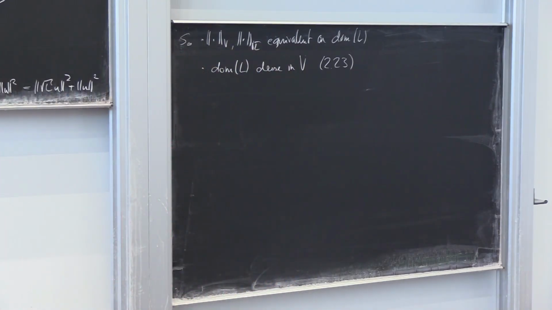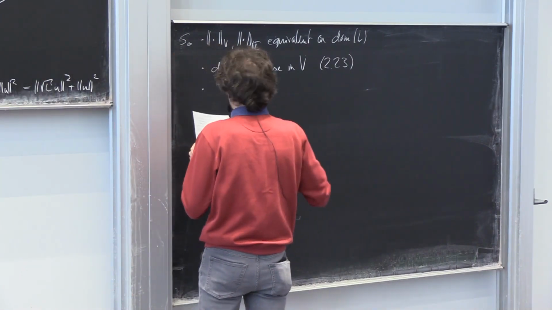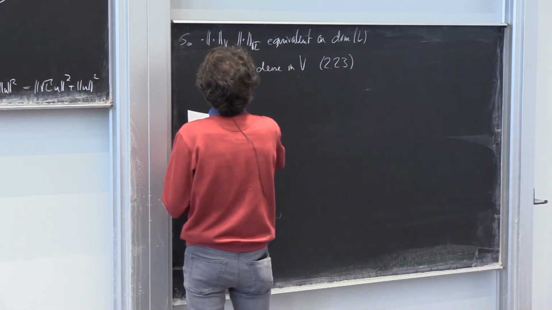Whenever you have a sectorial operator coming from a form, its domain is dense in the form domain, and this is with respect to the V norm.